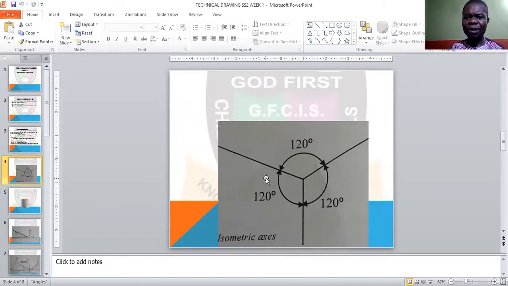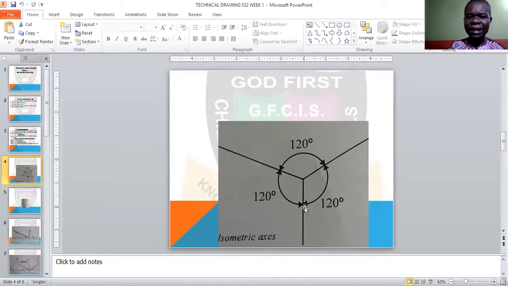So the angle between this horizontal line and this vertical line drawn down is 90 degrees. And since I have told you, you use 30 degrees set square to draw the receding line. These are the receding lines. If you have used 30 degrees here, then that 90 plus 30 will give you this 120 degrees.